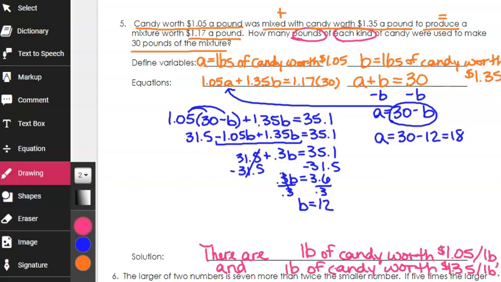So there are 18 pounds of candy that's worth $1.05 a pound, and there are 12 pounds of candy worth $1.35 a pound.